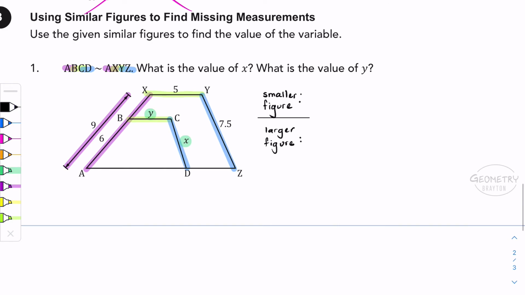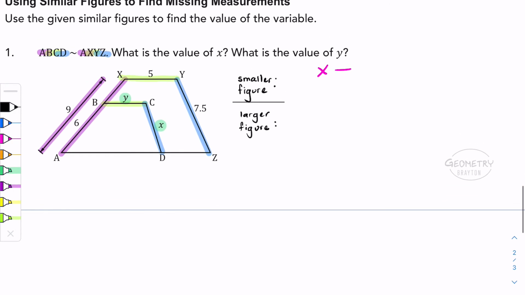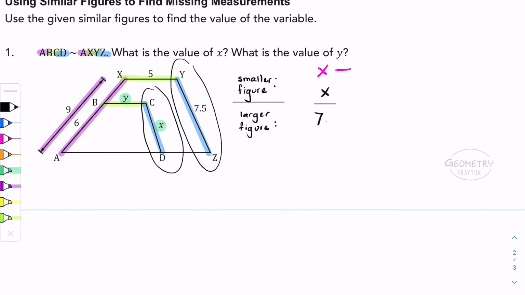Okay, so let's start. Let's pick a variable. Let's pick x. So the side length of the smaller figure is going to be x. The side length of the larger figure is 7.5.